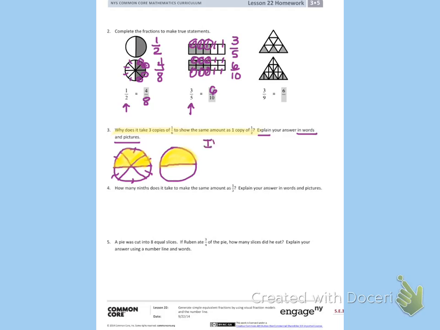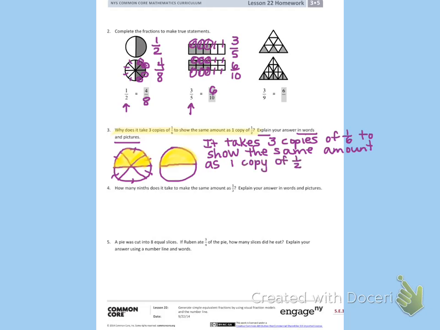It takes 3 copies of 1/6 to show the same amount as 1 copy of 1/2 because blank. You finish the sentence.